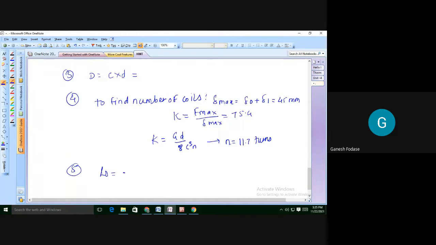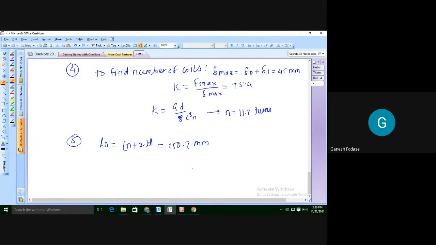So LS is equal to, we know formula, N plus 2 times d, and it is 150.7 mm.